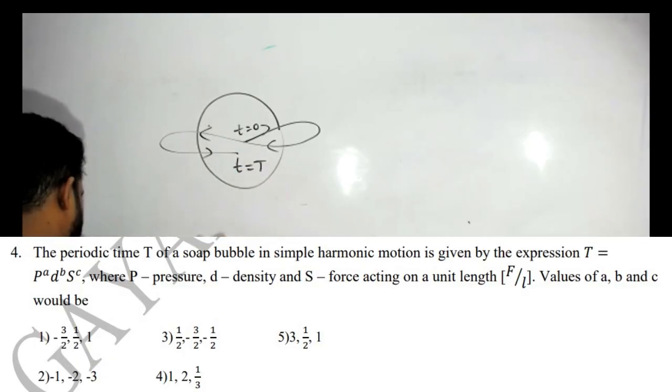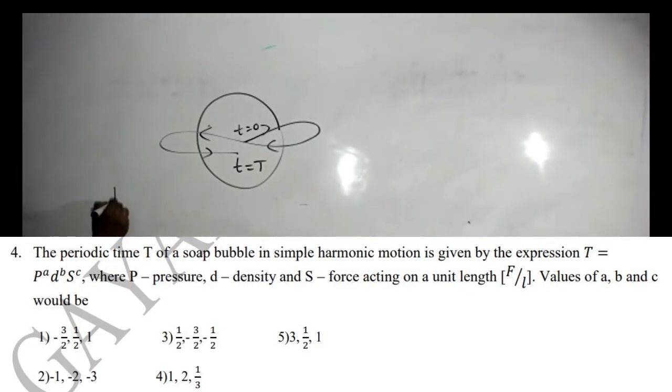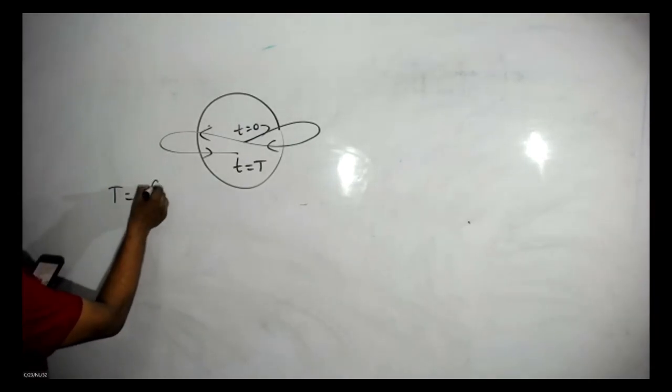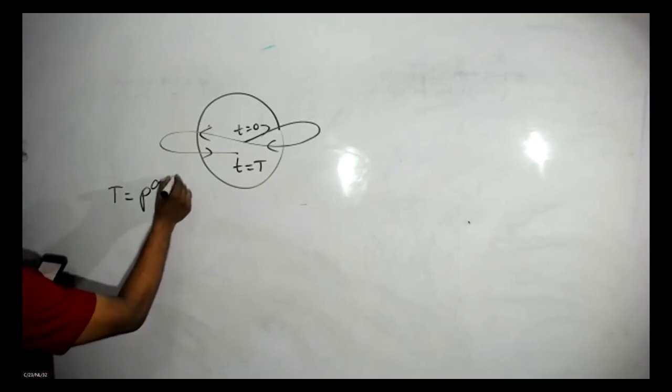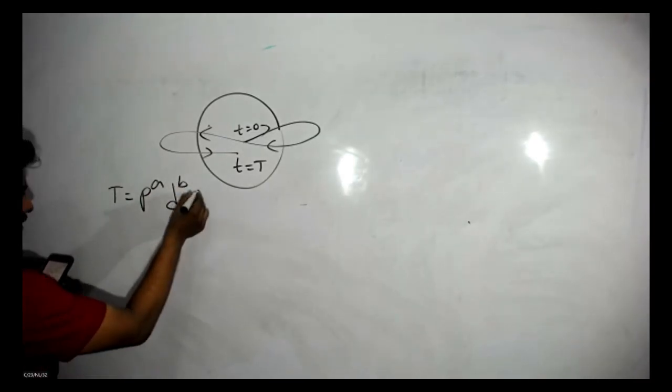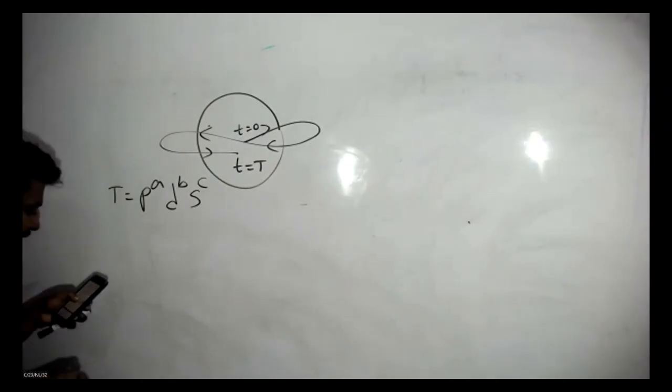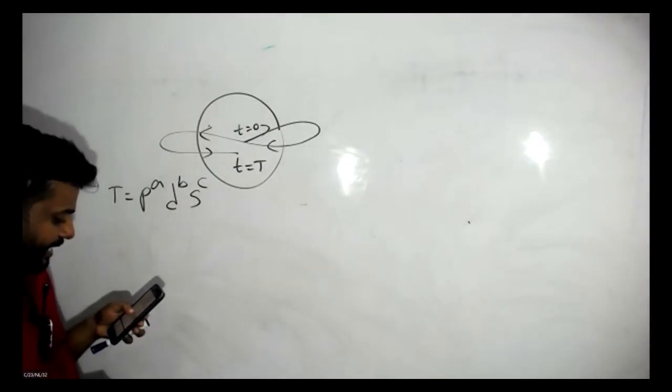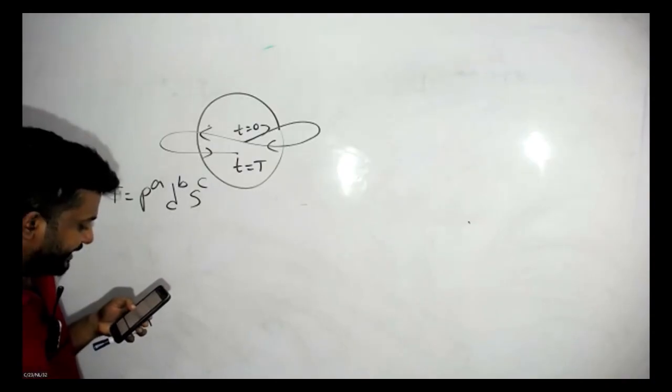Capital T is given by the expression t equals p to the power a, d to the power b, and s to the power c, where p is pressure, d is density, s is force acting on a unit length.